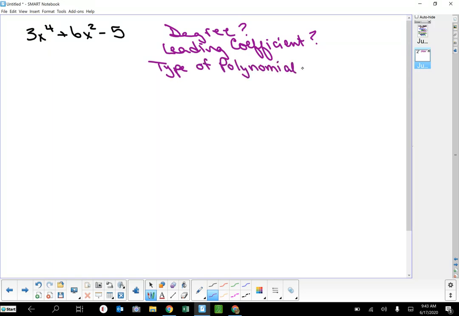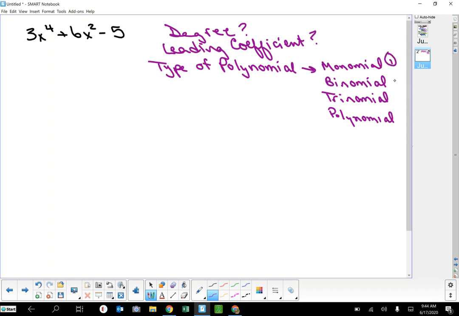And I believe this one's a drop-down box, and it'll say monomial, binomial, trinomial, or polynomial. And so if you have one term, two terms, three terms, or four or more terms, you would pick the appropriate type of polynomial. The degree and the leading coefficient you have to fill in, and they always come together.